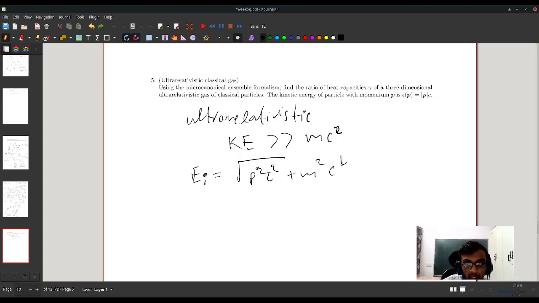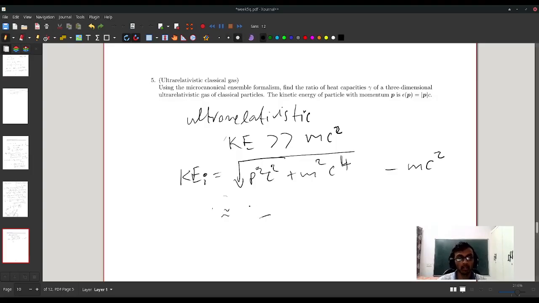The kinetic energy is this minus the rest mass energy, which in this limit is approximately equal to pc to leading order.